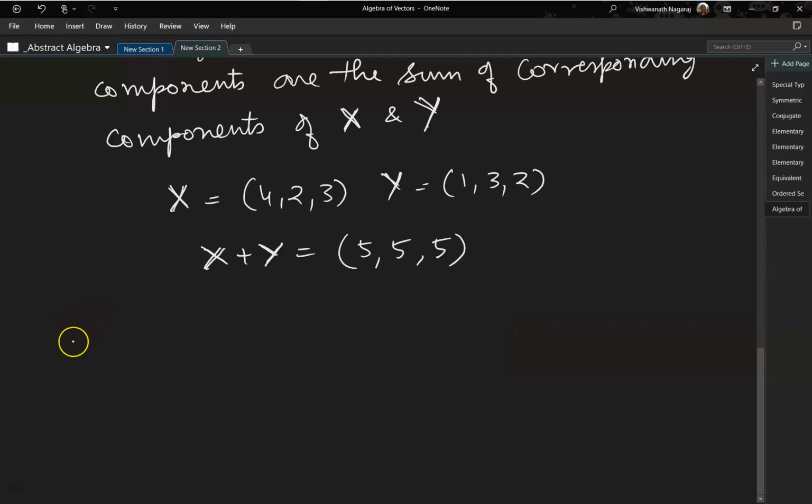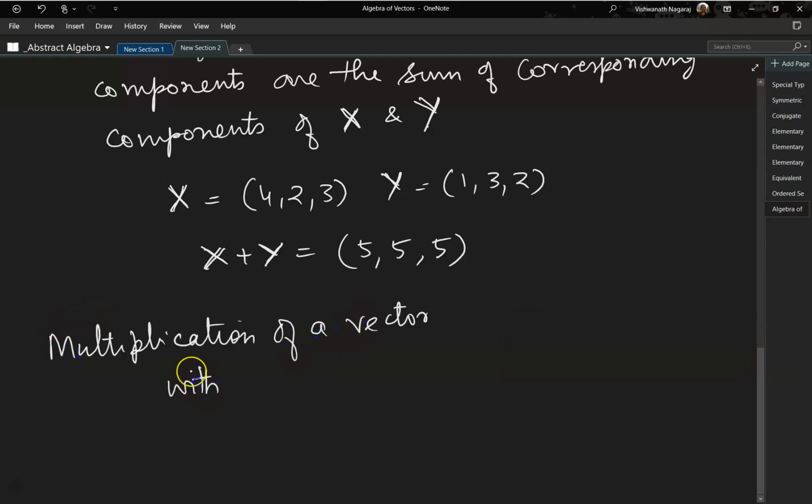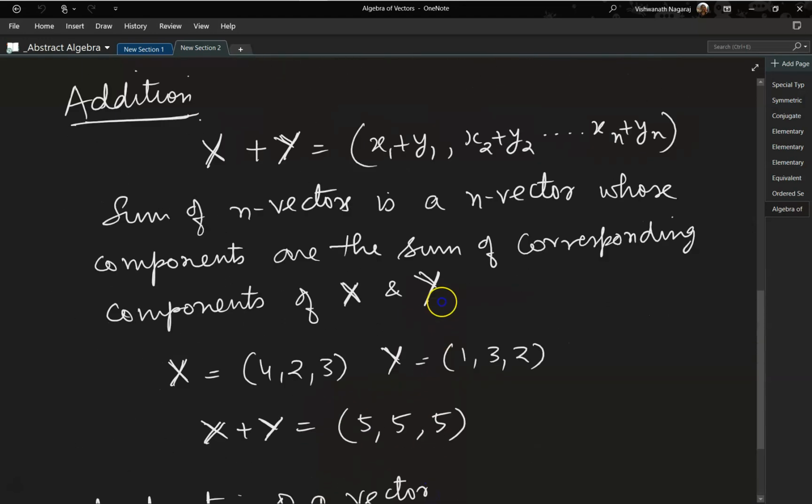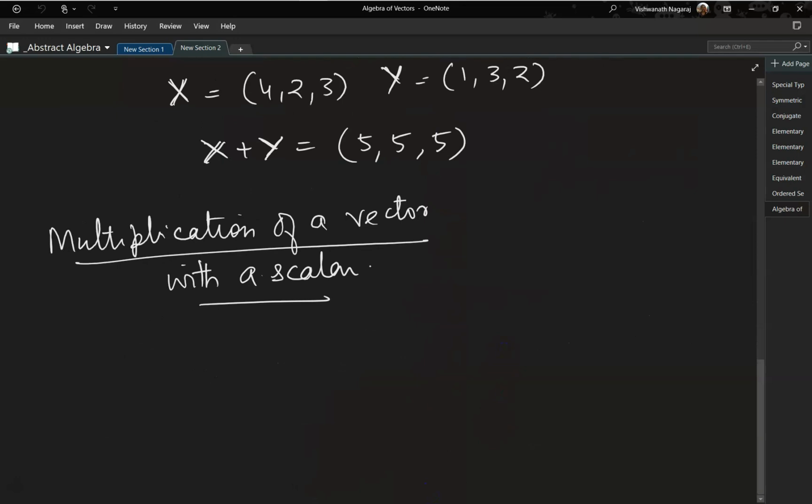Okay, now coming to multiplication of a vector with a scalar. So currently we are basically interested in multiplication of a vector with a scalar only.